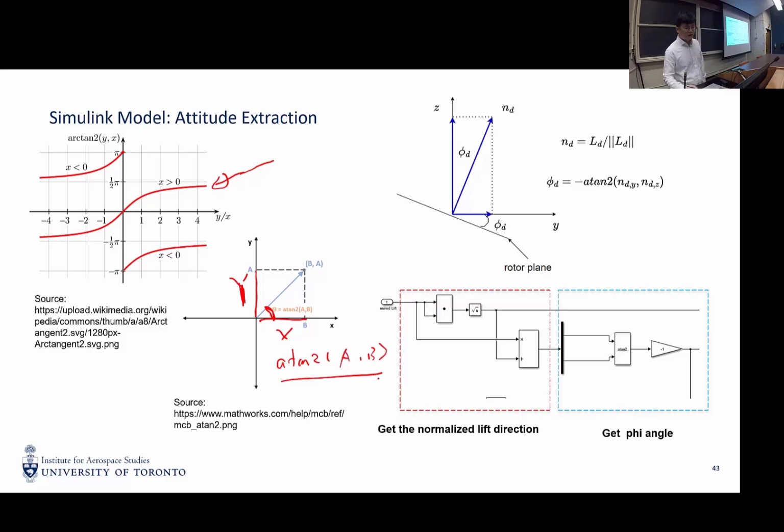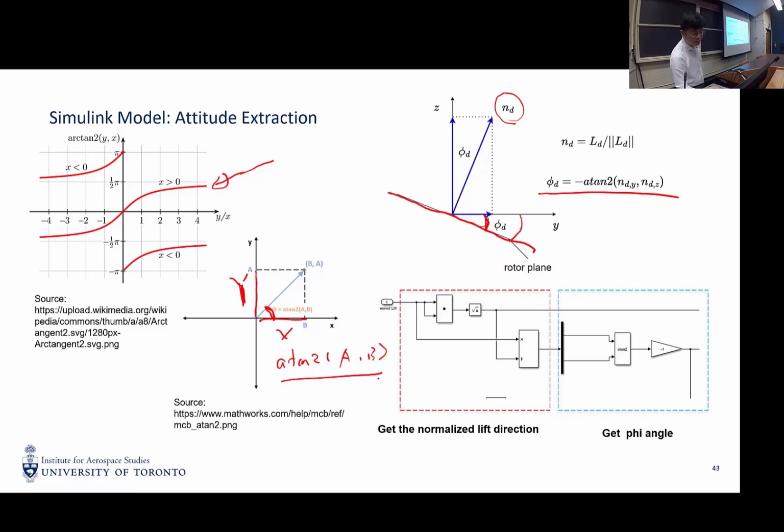So this nd is the desired lift direction. Because the lift is perpendicular to the rotor plane, this is our actual desired phi, or phi d or phi c. So by using the arctangent 2, we can calculate this phi d.